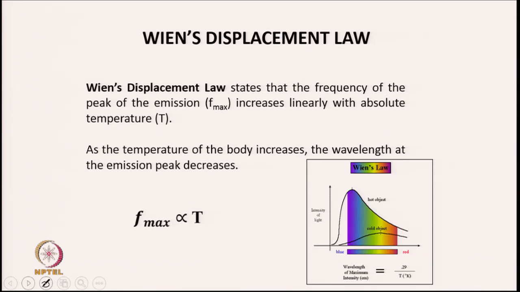As the temperature of a body increases, the wavelength at the emission peak decreases and the frequency of the emission peak increases. There is basically a proportionality relation between frequency and temperature, and that is known as Wien's displacement law.